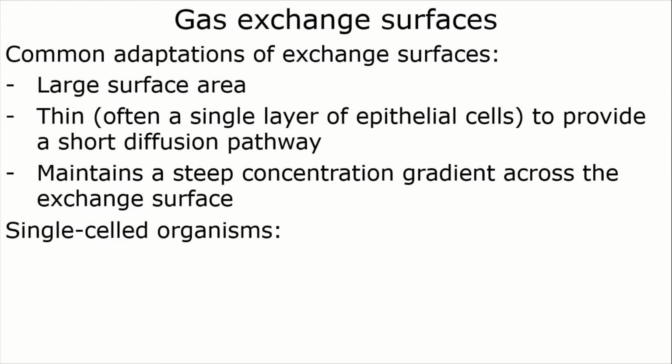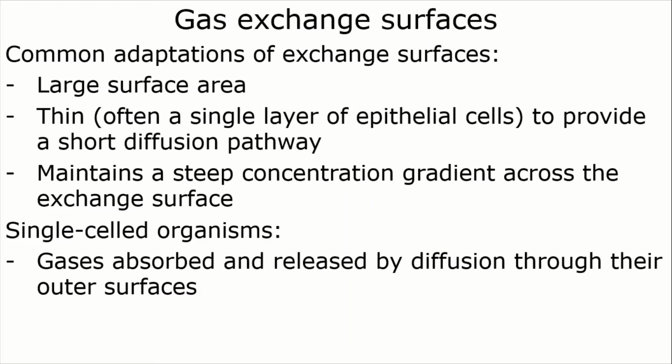In single-celled organisms, so things like bacteria, which are one single cell, gases are absorbed and released by diffusion through their outer surfaces. Bacteria need oxygen to grow and to replicate, and that oxygen will go directly through the bacterial cell wall into the inside of the cell, and any waste gases will travel out of the cell in the same way.